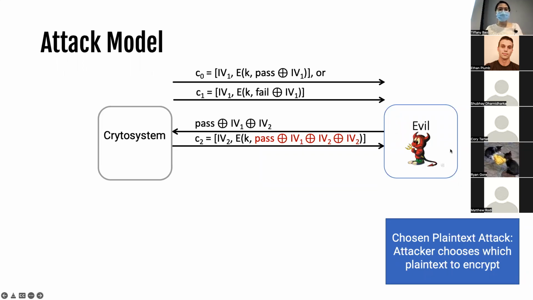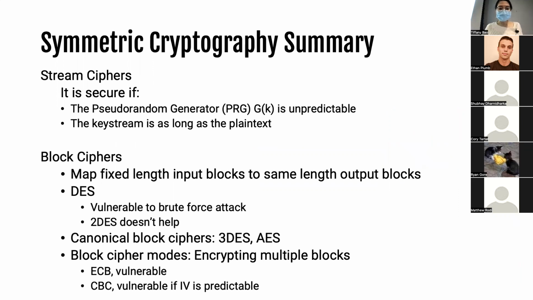All right, so that's all the things about symmetric crypto. As a recap, first of all, we talked about stream ciphers. We also talked about block ciphers. For stream ciphers, we know the one-time pad, if you still remember.